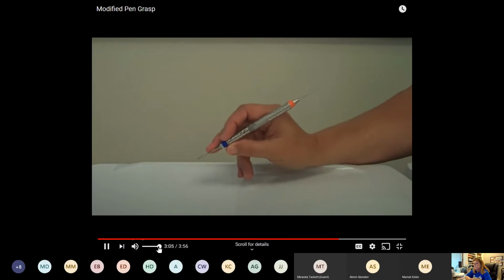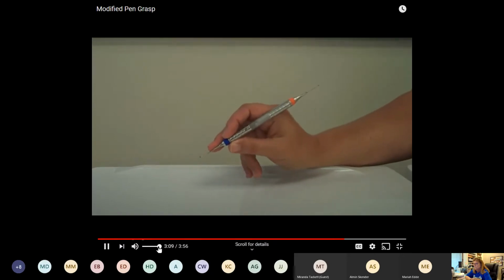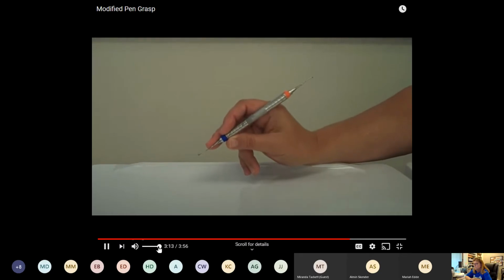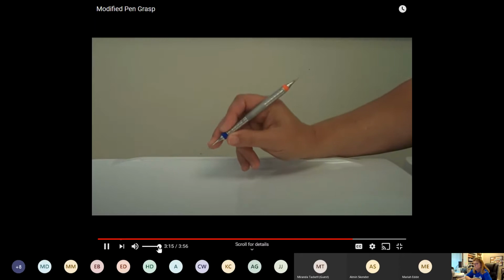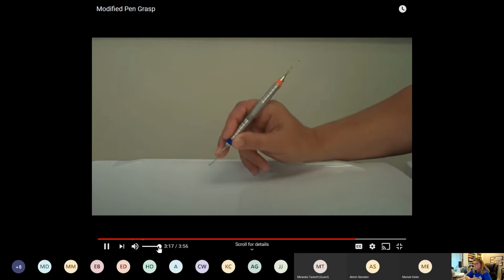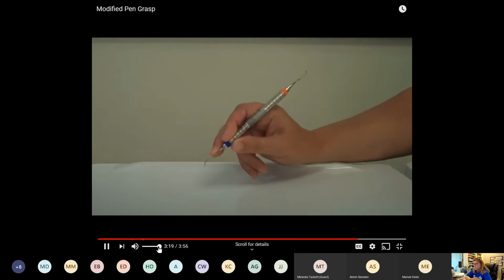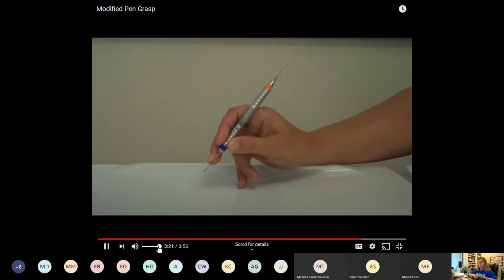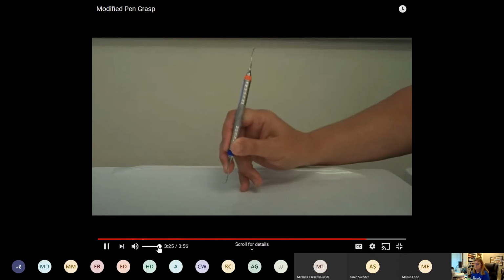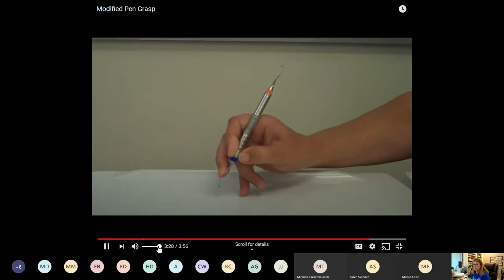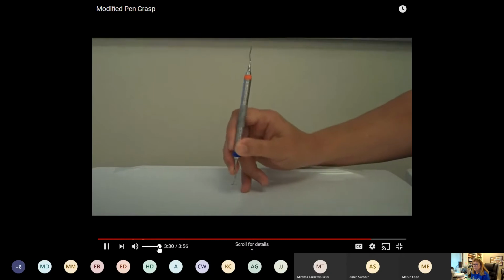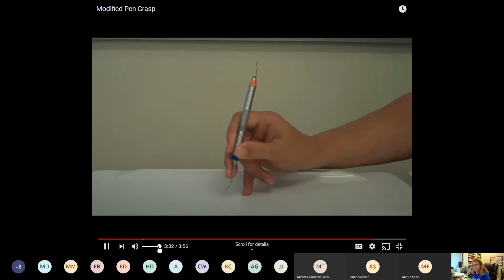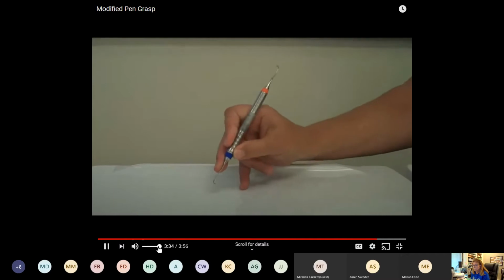Now that you have it, you have to be able to also move it. Just establishing the finger grip is not going to be enough. You're going to have to be able to roll that instrument. That's how we're moving. So a good exercise for you to work on is taking that pen grasp in your modified pen and rolling the instrument forwards and backwards, forwards and backwards, just to get in the habit of moving.